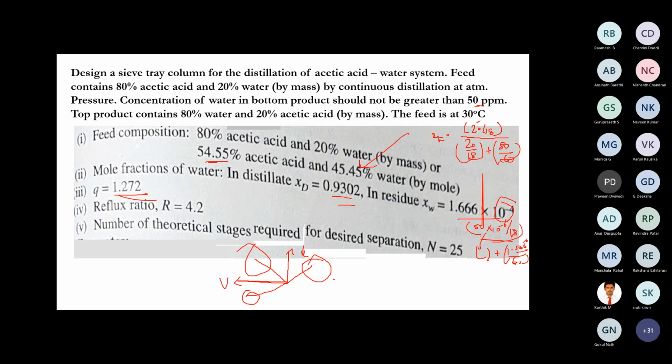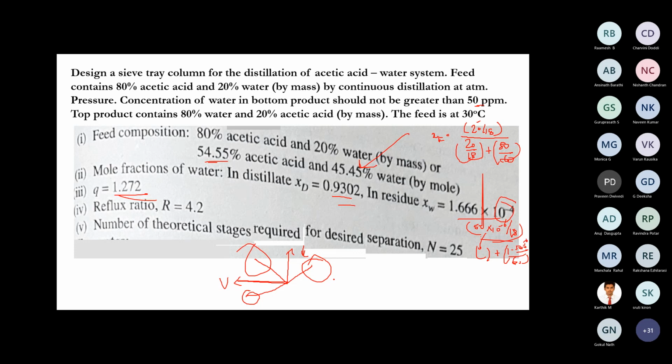Heat required to convert the feed from its condition. Okay, we have to supply the heat to convert the feed from its condition to saturated vapor, divided by molar latent heat of vaporization. That's the way to represent the Q.